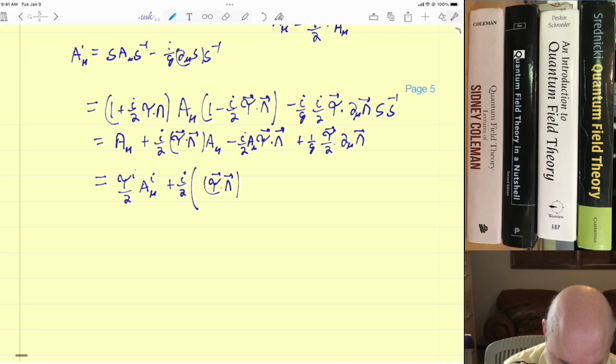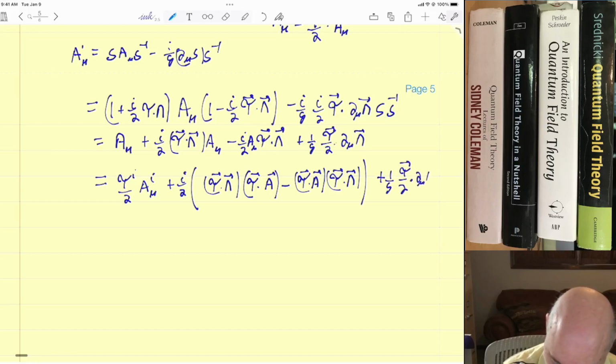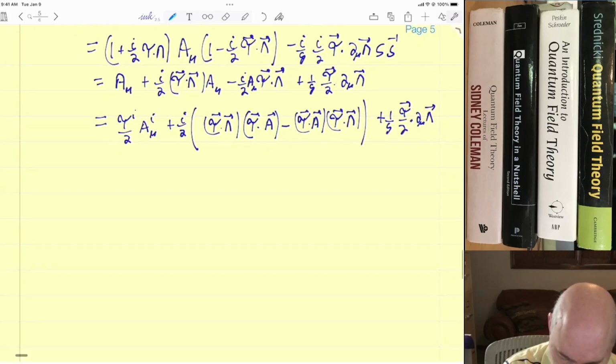Then A mu is also tau dot the vector A, minus tau dot A, tau dot lambda, plus 1 over g tau over 2 dot the partial mu lambda.